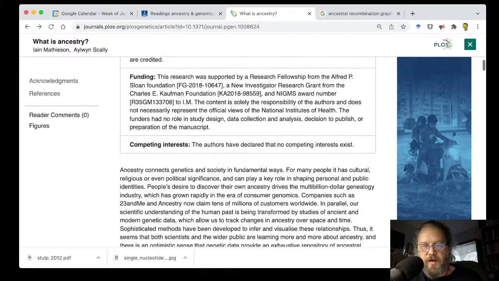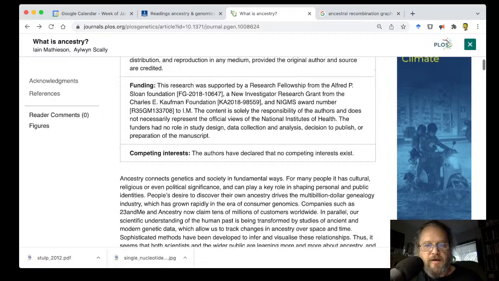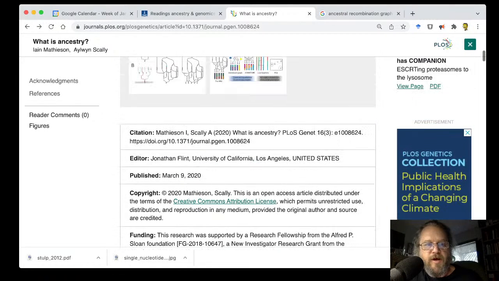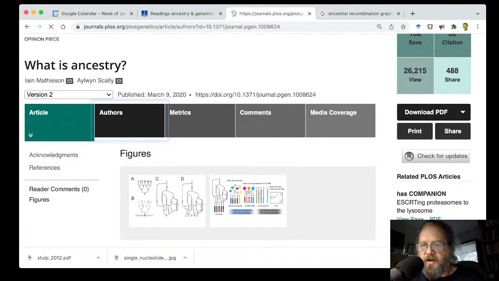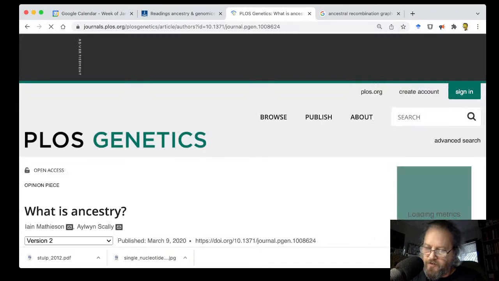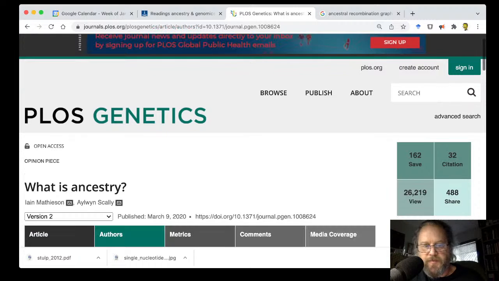So you can see this is what their funding sources are, and you'll see NIH. And if you come back up, one of the nice things about the PLOS journals is that you can quickly take a look at the authors. Remember, a fundamental aspect of critical thinking is, can you trust the people who are providing you with information? So one of the things we want to look at is what their backgrounds are, but we also want to look at if they have any potential conflicts of interest.